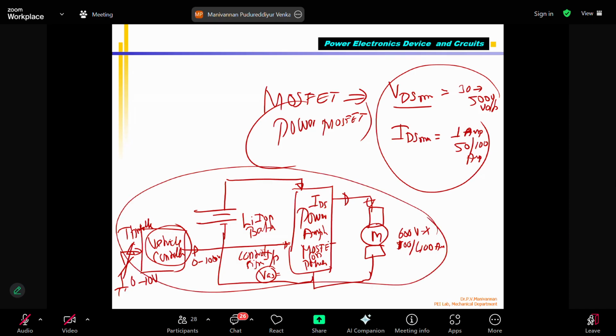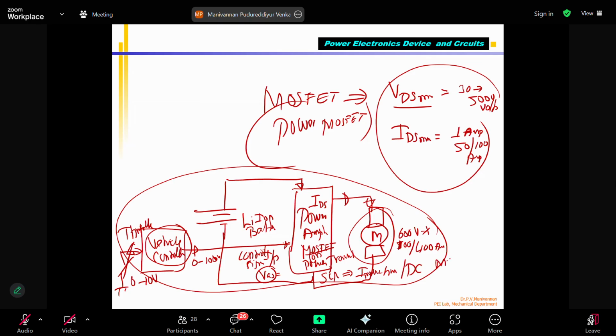So this is how the power amplifier works. It can be a MOSFET or power transistor, or it can be an SCR. Where will the SCR be used? What type of motor? Yesterday we talked: induction motor, and it can also be a DC motor.